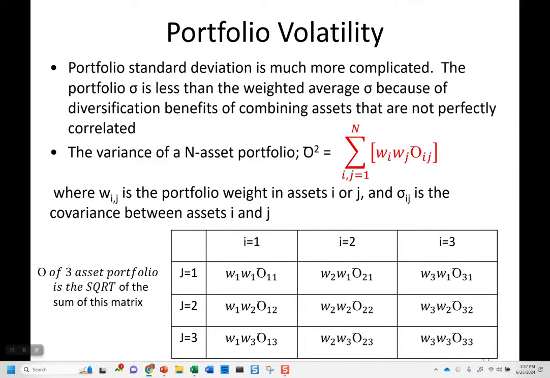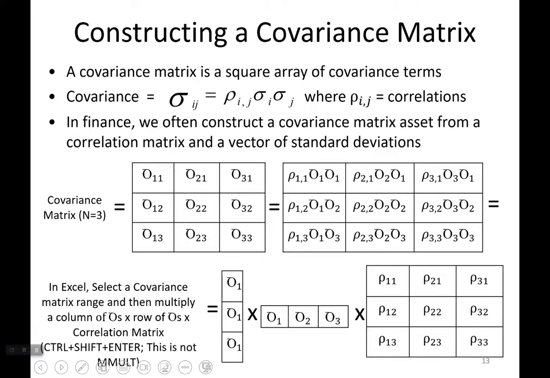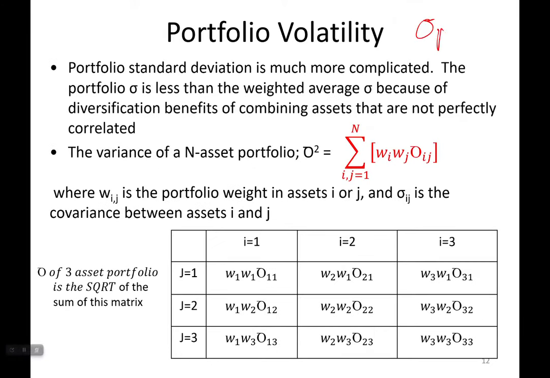And so let's talk about how we calculate portfolio volatility, or we'll just call it sigma p. All right, portfolio standard deviation is very complicated. The portfolio standard deviation or volatility is less than the weighted average because of diversification benefits when you combine not perfectly correlated assets.